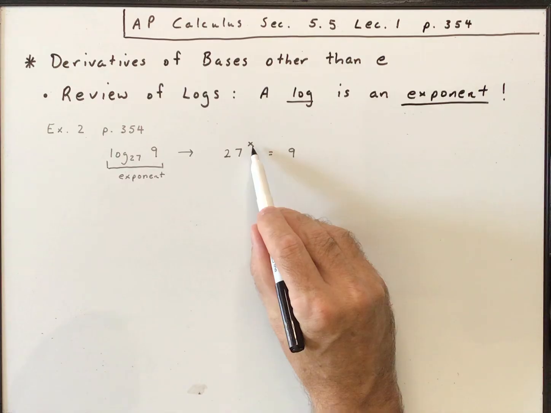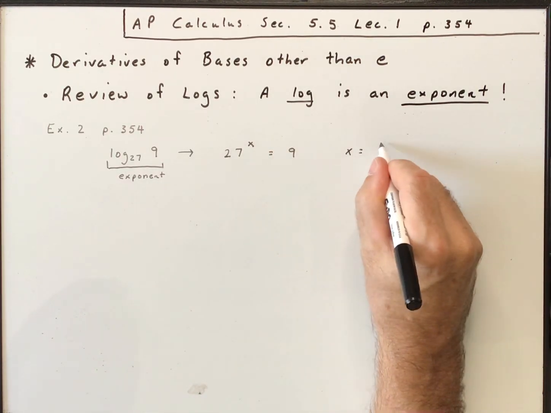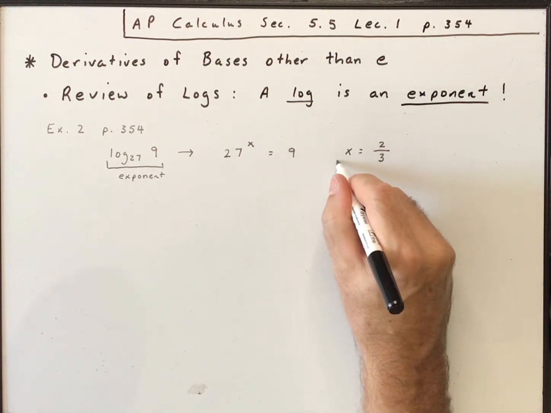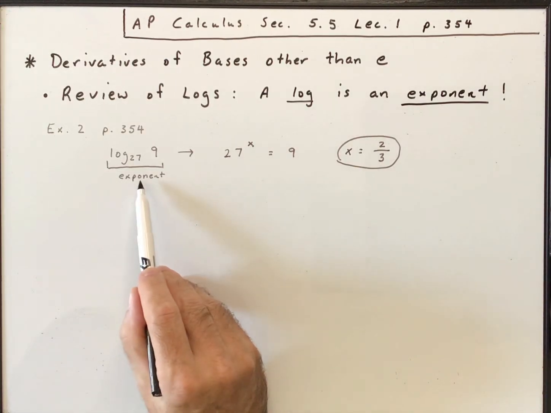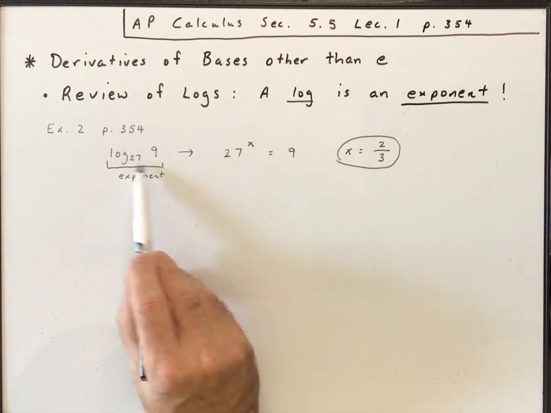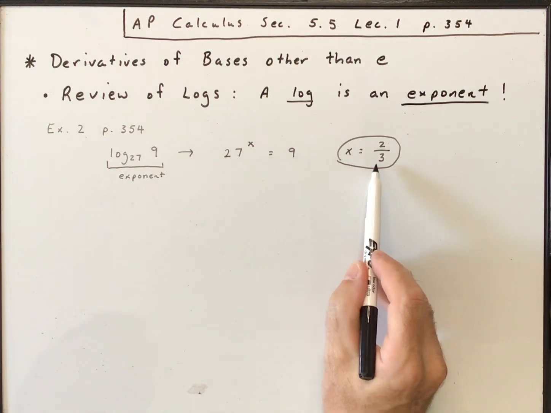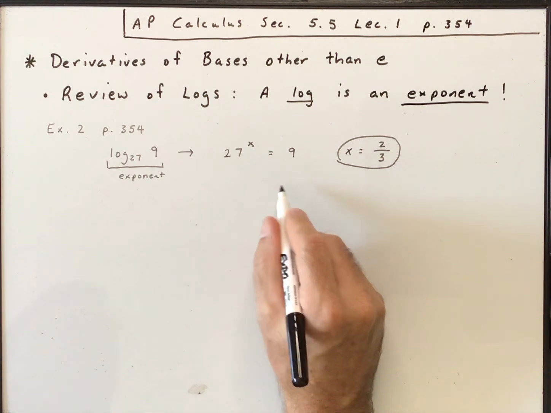So hopefully you can do this in your head. 27 to what power is equal to 9? Well, x would be equal to 2/3. Of course, you could check that in your calculator. But that is evaluating this logarithmic expression, and it gives us the exponent. So just to double check that, we could rewrite this as a radical.